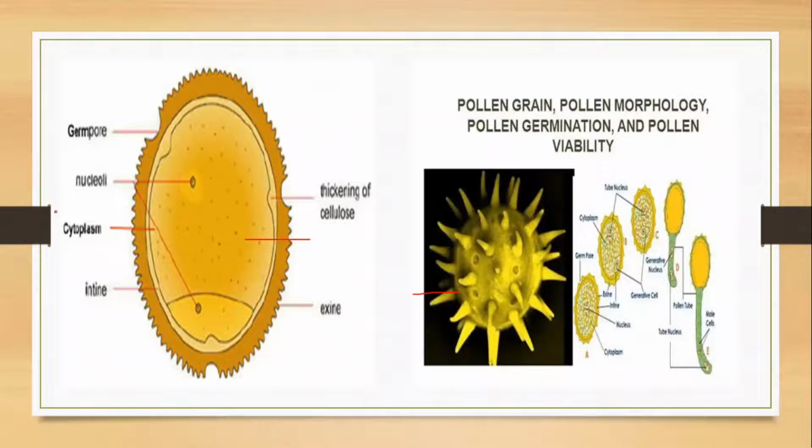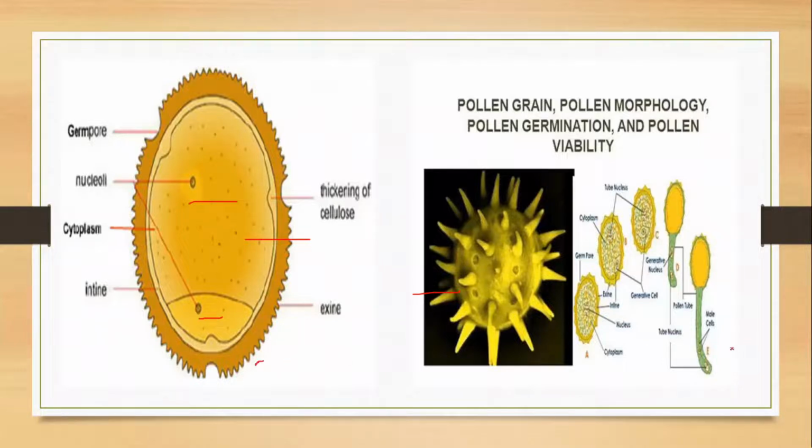Now from inside you can see here that in the cytoplasm, the cell is divided into 2, the upper cell known as the vegetative cell and the smaller one known as the generative cell. Then this generative cell will undergo mitotic division to give rise to 2 generative cells. In some plants at the 2 celled stage it will be deposited on the stigma of the flower, and in some plants at the 3 celled stage.